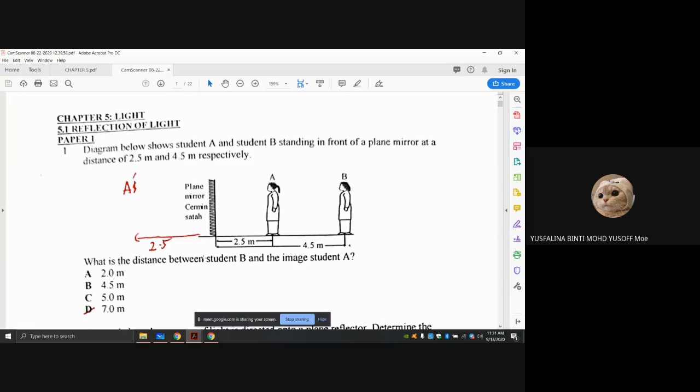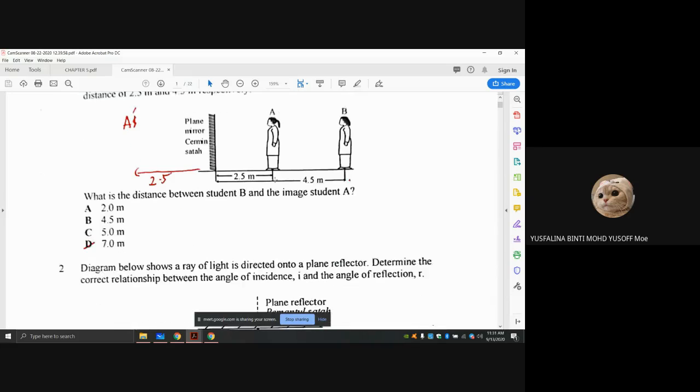Then they ask the distance between student B and the image of student A. From the plane mirror to student B is 4.5, and then the image of student A here is 2.5. So 4.5 plus 2.5, you get 7 meters. So that's how you answer question number 1.